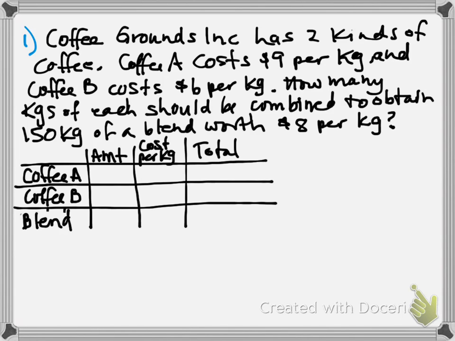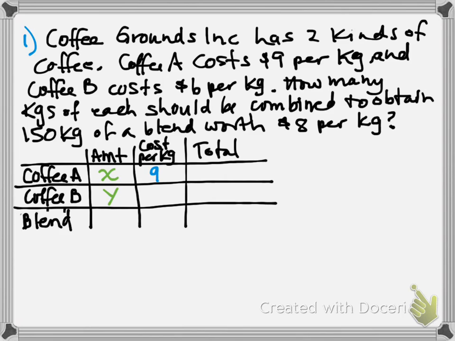Okay, so do I know how much physical coffee A or physical coffee B I have? No, we don't. So I'm going to let one be X and the other one be Y. Do I know how much coffee A costs? What's it say? It says $9 per kilogram.